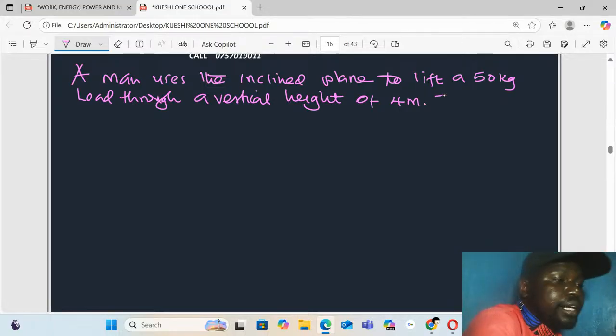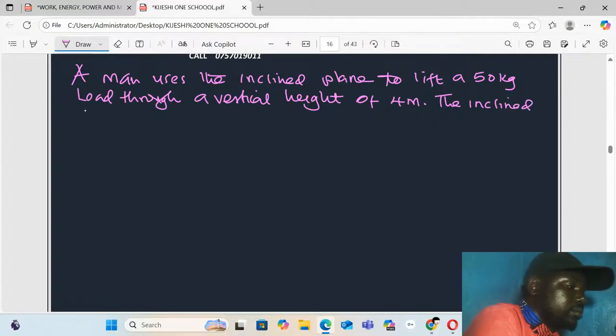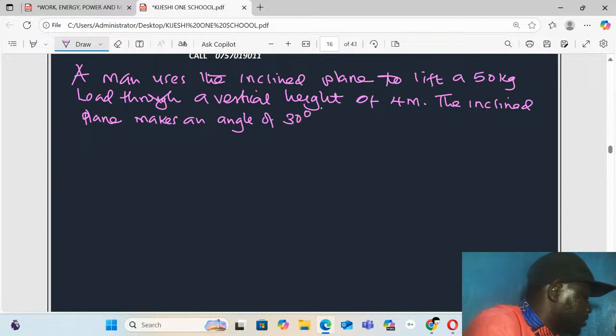The inclined plane makes an angle of 30 degrees with the horizontal surface.